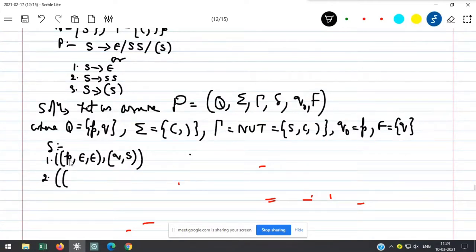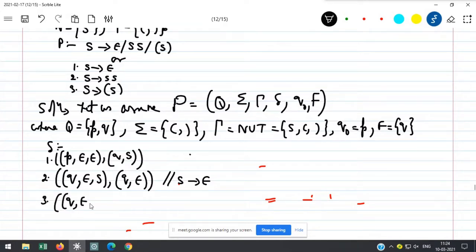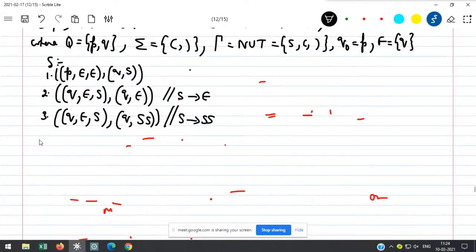As per the first transition function, the shift has been done from P to Q state already. So we'll proceed with Q as the current state. I'm following the rules. This one is for S replaceable by epsilon. And then number 3, Q, this one for S. These are being done as per the rules.